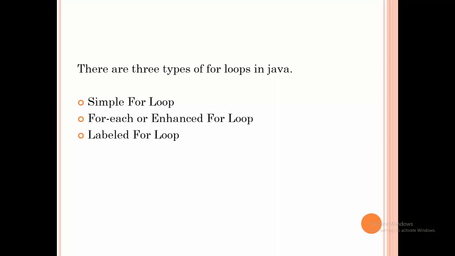So there are three types of for loops in Java. One is simple for loop, which is a basic one, and another one is for each or enhanced for loop. The third one is labeled for loop.